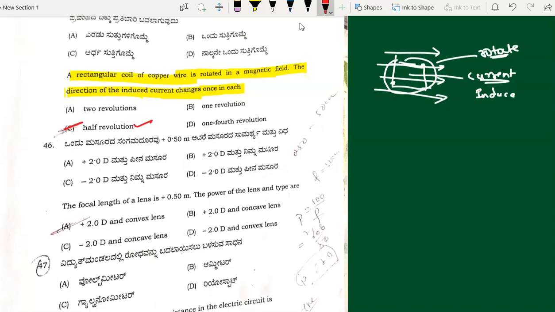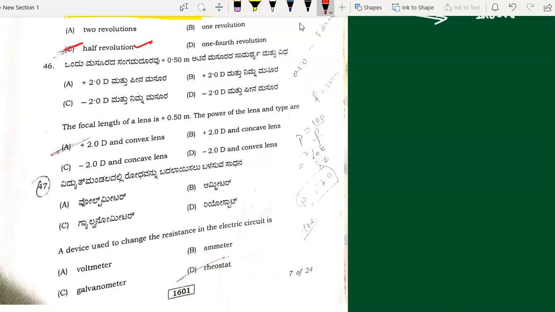Okay, then see here, focal length, power we have to calculate. The focal length he has given is 0.5 meter. Let's convert this into centimeter. So 0.50 meter will become 50 centimeter. We know the formula of power is equal to 100 by focal length. The focal length he has given is 50 centimeter.